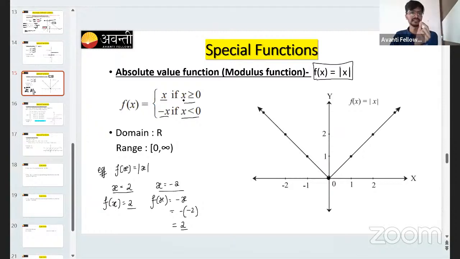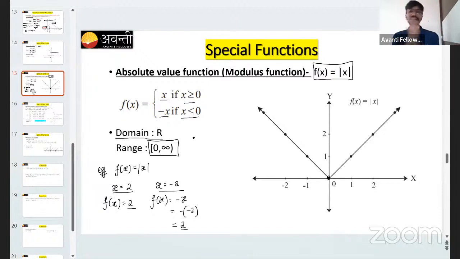Here x covers the whole real number line, which means the domain is all real numbers. And you can see that modulus only gives positive output, which means the outputs are greater than or equal to 0. So the range is also greater than or equal to 0, which means the range is from 0 to infinity. I hope it is clear.